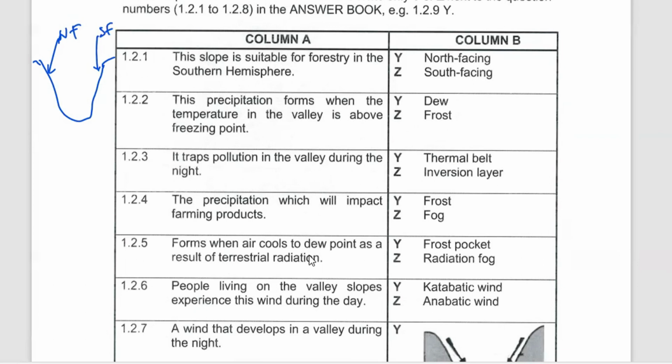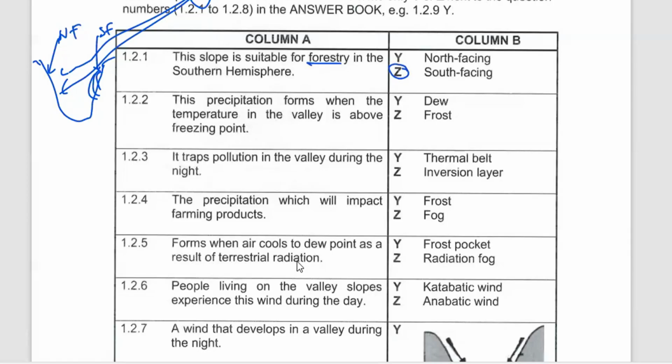Because of the position of the sun, mainly during the winter season, the sun is always lower in the atmosphere, implying that this part of the slope is the one that receives insolation, which is our north-facing, while this part here is facing away from the sun. So when you're talking of forestry in this instance, we know that our forestry requires the cooler part of the slope. So our correct response is south facing.